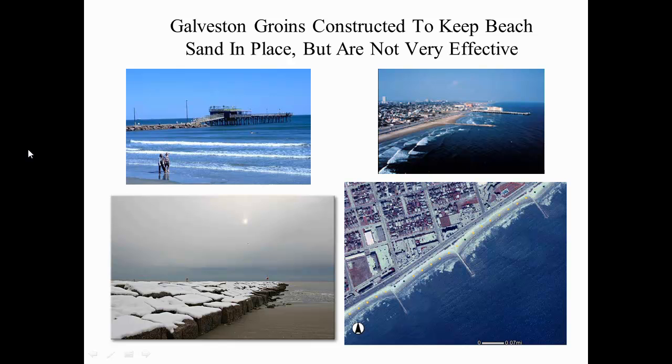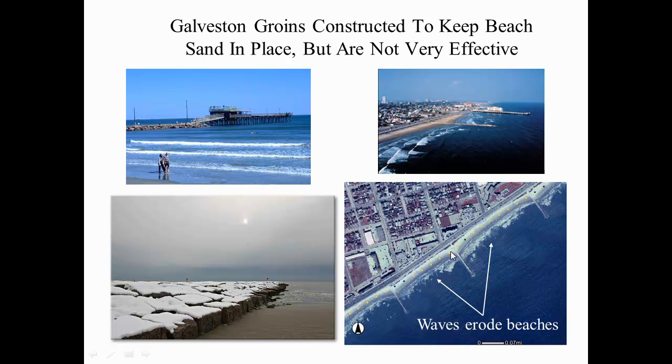Now here's a few photographs of the groins in Galveston. Again, notice that they're constructed in series perpendicular to the beach. The purpose of the groins is to keep the sand and the beach in place, but unfortunately these groins are not very effective, because notice that the waves are simply eroding away the beaches between the groins.